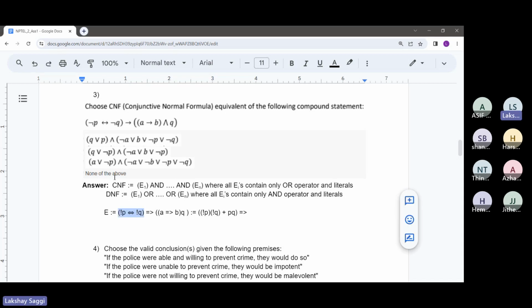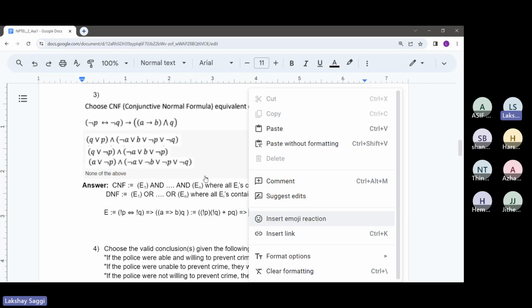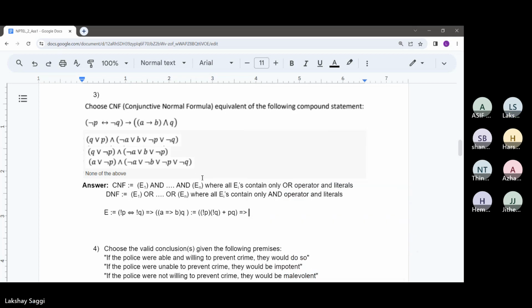This not P times not Q can be written as this, just because P double implication Q is just PQ plus not P times not Q. And now this expression implies, I've just copied as it is, this A implies B times Q. So opening up this A implies B, it can be written as not A plus B times Q.